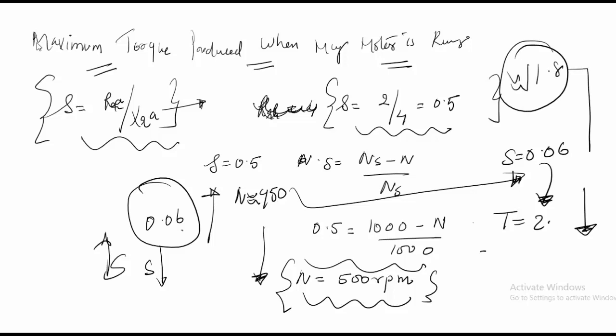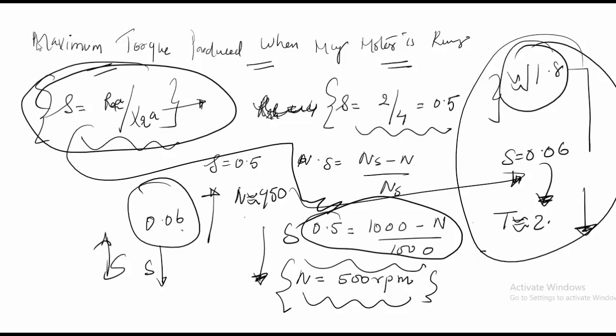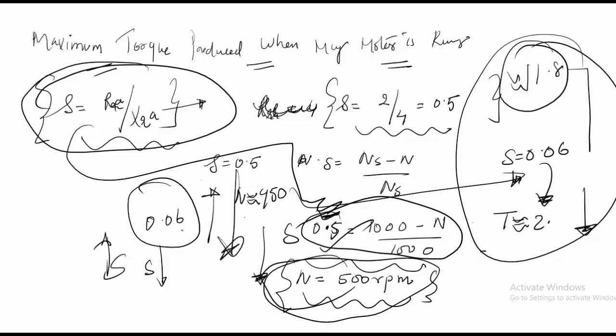So again, to produce a maximum torque at running, you will need a slip which is given by this equation, and that is close to a 0.5 slip, and the speed is 500. So there is a reduction in speed which is happening. That's one other observation which you can have.